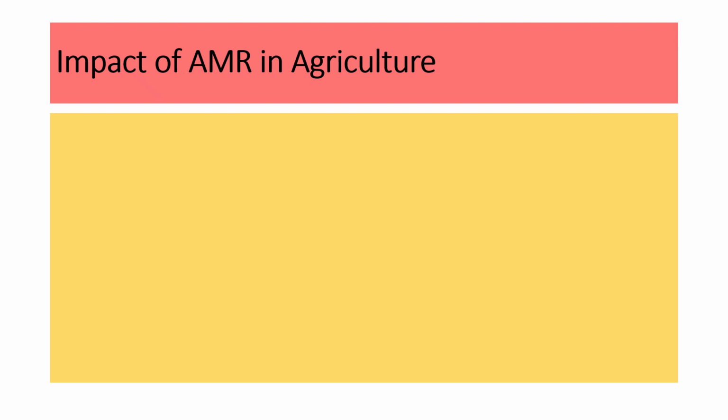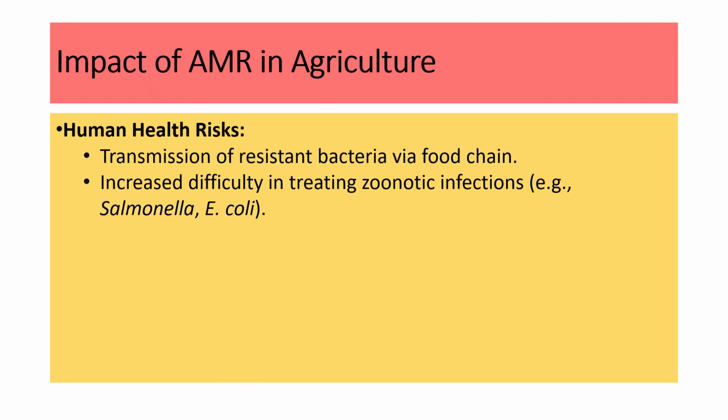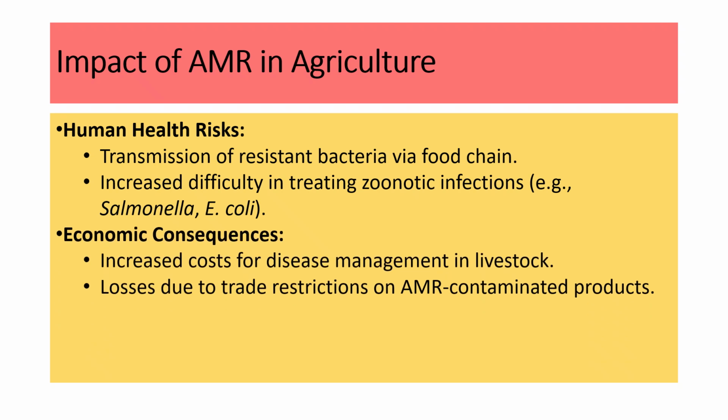Let us now understand the impact of AMR in agriculture, how large it can be. First, from a human health perspective, resistant bacteria can enter the food chain, making common infections like Salmonella and E. coli harder to treat. Second, the economic consequence of AMR.